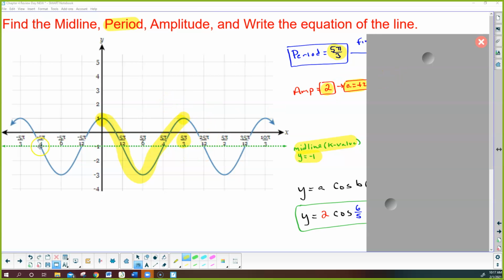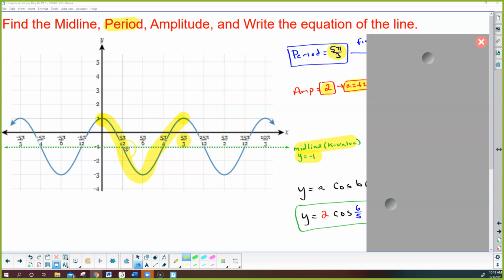Let me just quickly show what I did. My max and my min, and your value has to be right between them. That's your midline. We talked about how you could find that algebraically: take your max plus your min and divide by 2. That's finding the average. Sorry, my chat just disappeared.